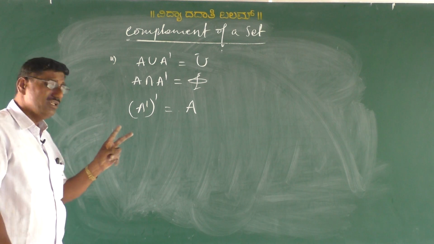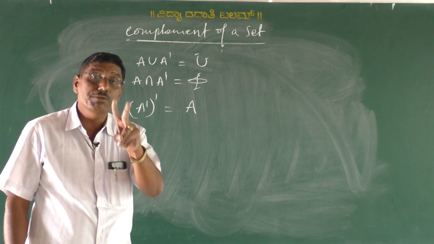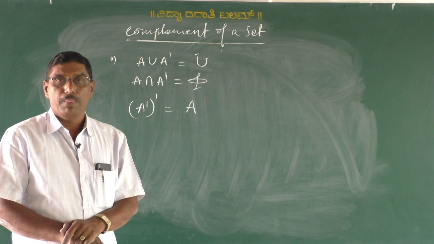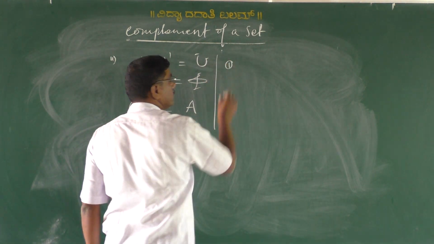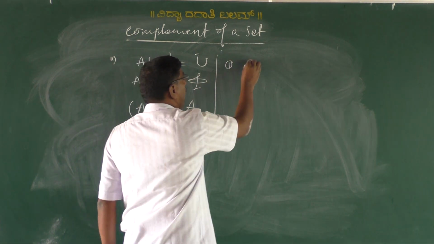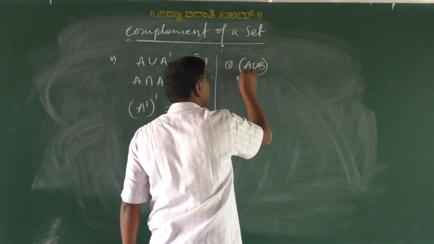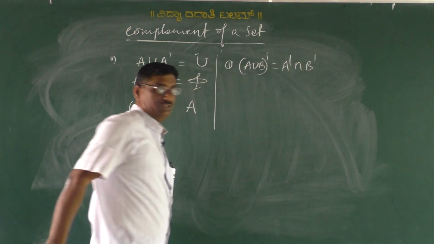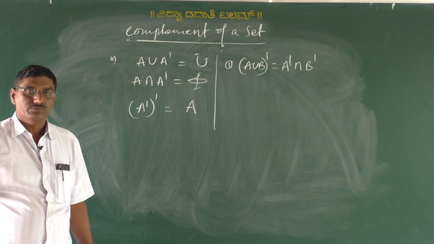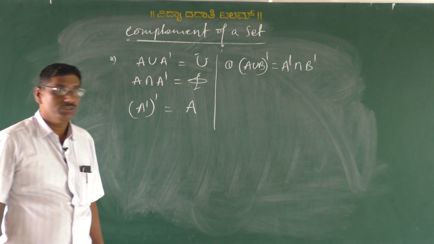Next, another very important thing, De Morgan's laws, one by one. First one, A union B whole dash can be written as A dash intersection B dash. Have you understood?